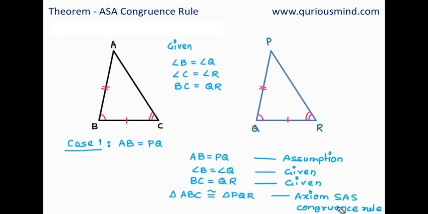So using our previous knowledge, using the axiom SAS congruence rule, we can say that these two triangles are congruent. That's our case 1.